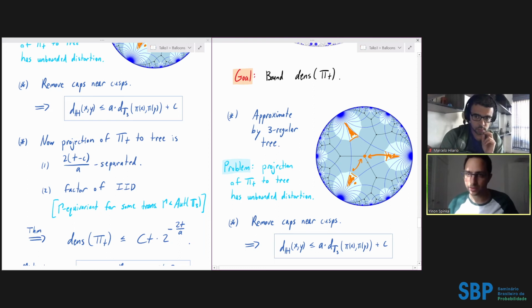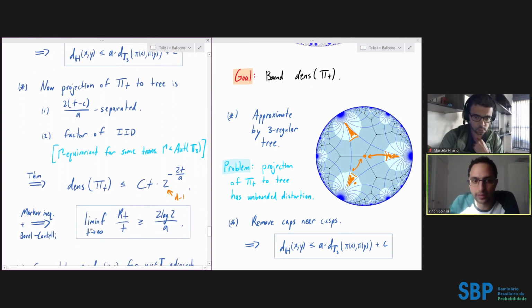But that's okay, because as I mentioned before, the previous result works under this weaker assumption. And therefore, this theorem that I told you about before tells us that this density is at most a constant times 2 to the minus 2t over a. This 2 is just d minus 1, where d here is 3.